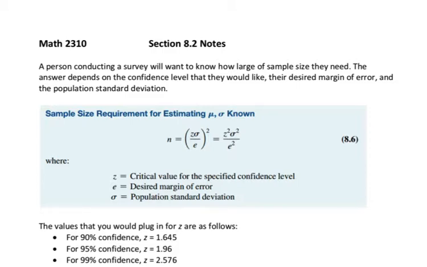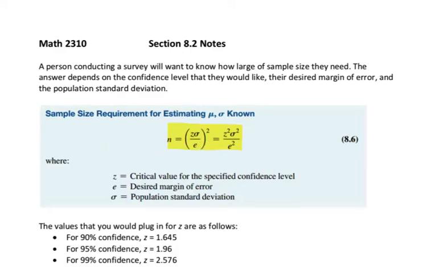So we have this formula here where n is the desired sample size. And the formula is z times sigma divided by e, and then the whole thing squared. Or you can square each part individually first, sort of putting the squared outside of the parentheses onto each of these three numbers inside.